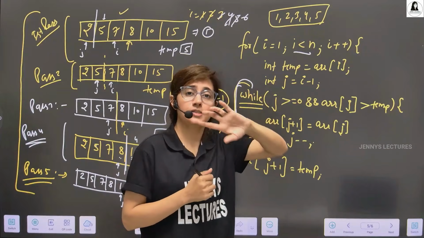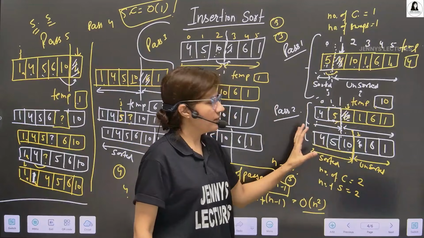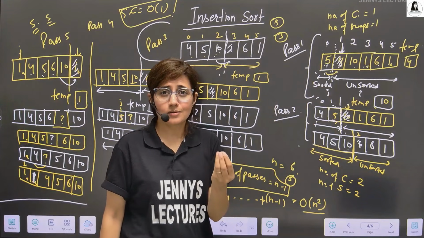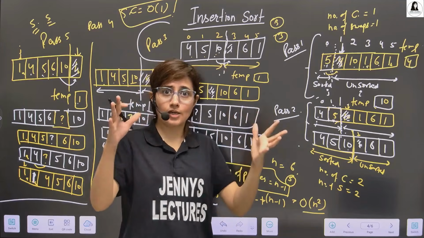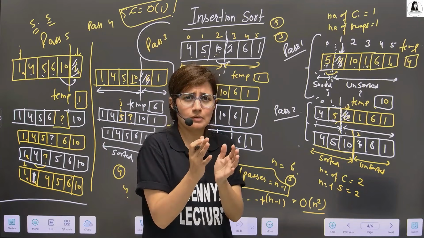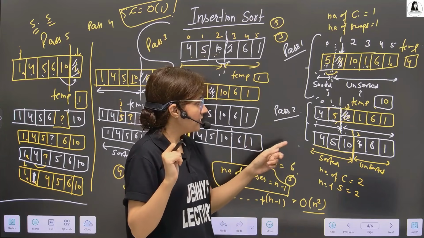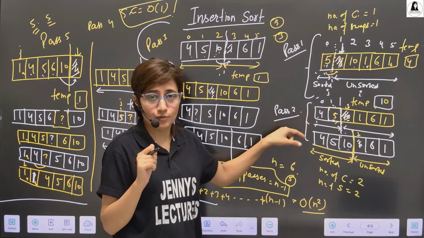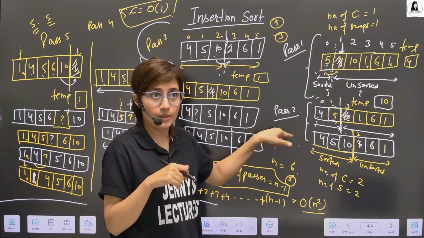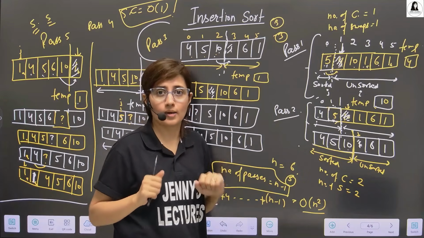In the worst case, swapping is n square, same as the number of comparisons. It is good for small data sets, not very large, only 10, 15 or 50 elements. Plus nearly sorted data is also good. But if you have a large data set with random data, it's not at all good because time complexity is n square.